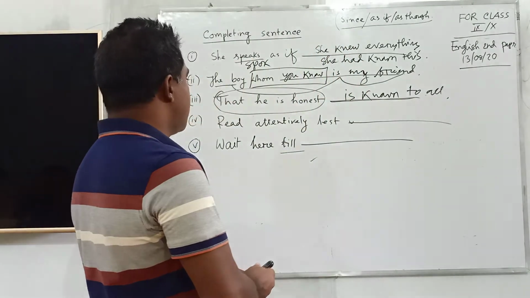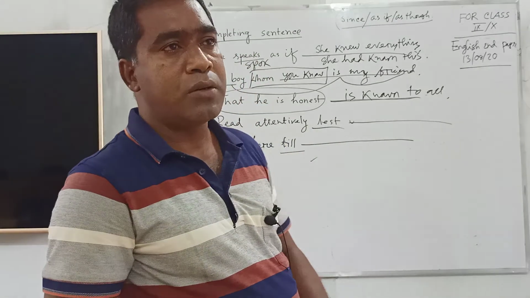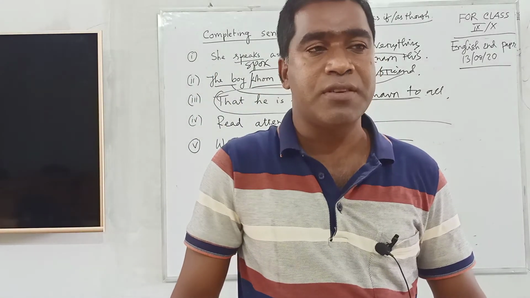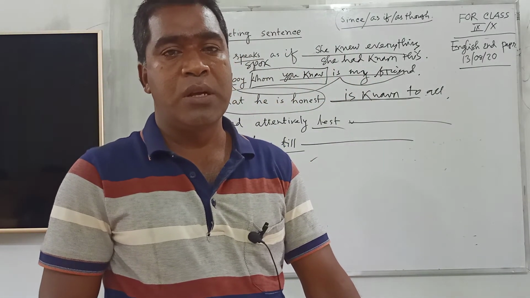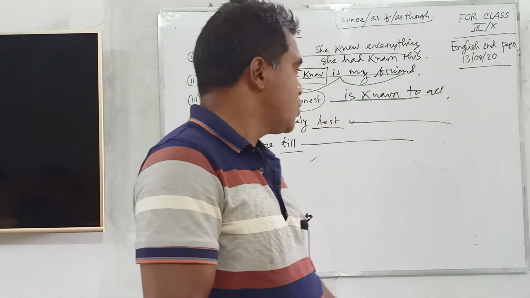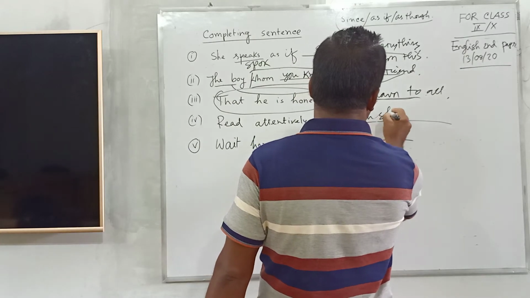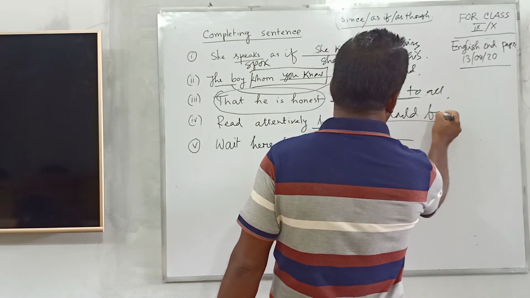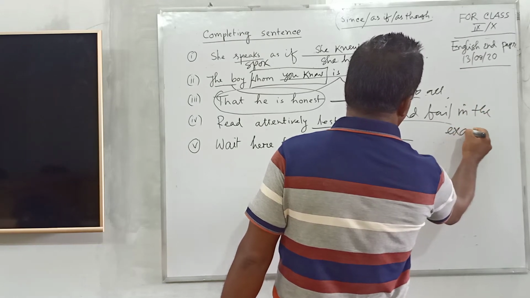Next, another example. "Read attentively lest." You should try to remember the rules of the use of "lest." If you use "lest," you must use "should." Especially in the next sentence, you must use "should." Read attentively lest you should fail in the exam. Fail in the exam.